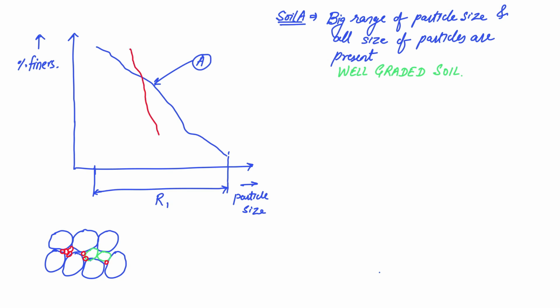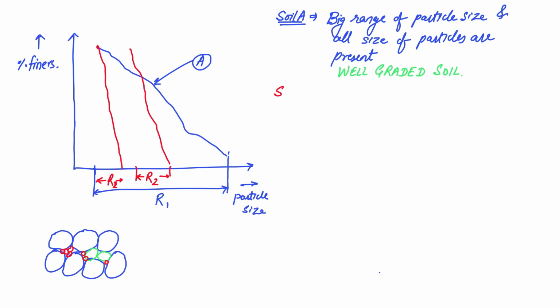Now, apart from this, let us understand one more soil. This is another soil. What I can see here is that the range of particle size is quite small. Only medium size of particles are present, or even this graph can be here also. So even for this, the range is very small. Either only bigger particles are present, or only smaller size of particles are present. So the range of particle sizes is not good.